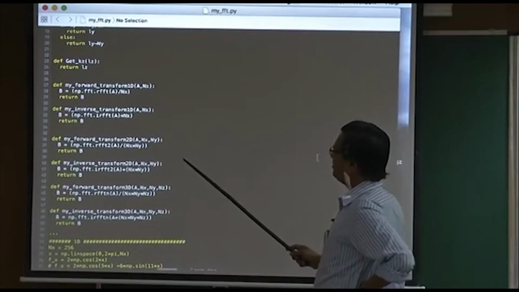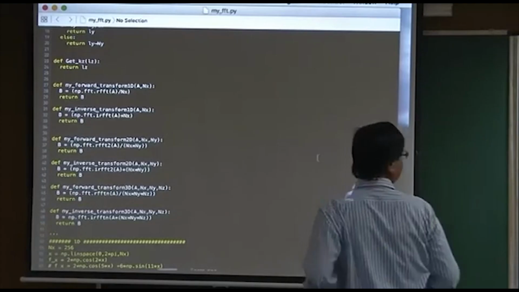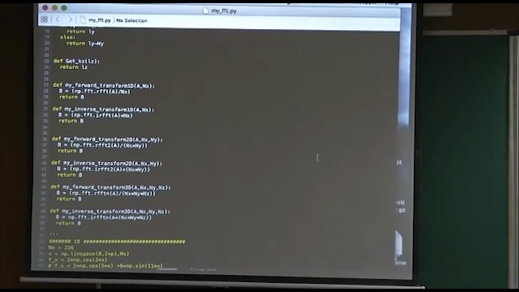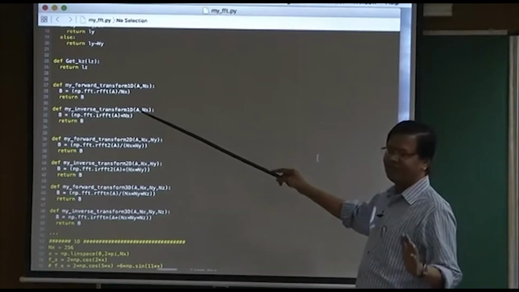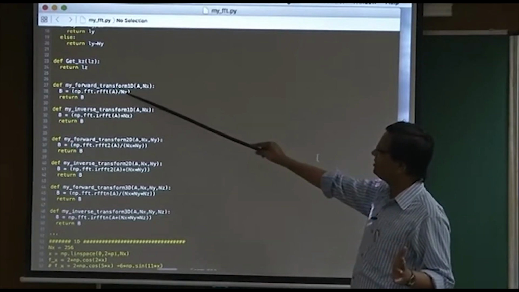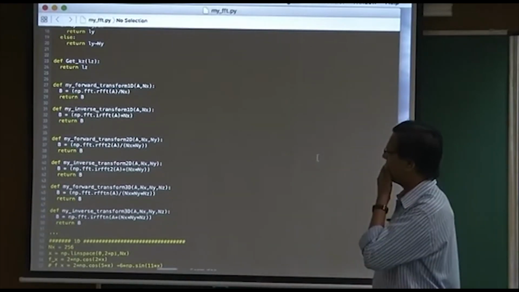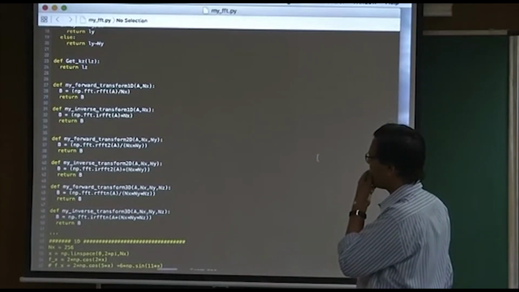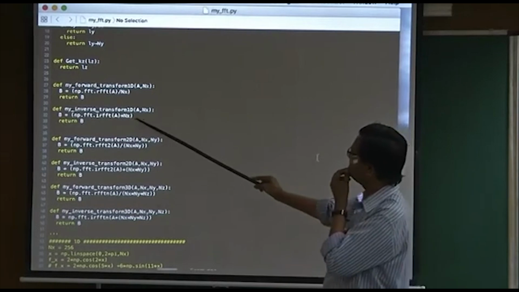So, we divide by n because by definition there was 1 by n sitting here. So, we follow this notation of 1 by n. So, Python FFT does not divide by n, but we divide by n. Okay. And here we multiply by nx.